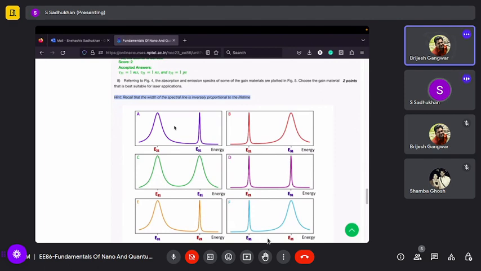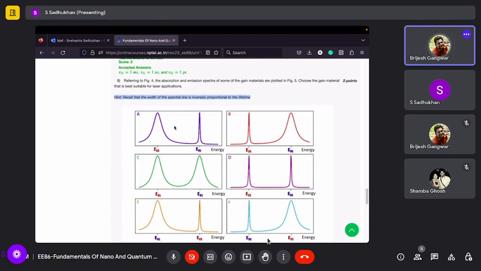From this one you can complete this, but E21 will be the lasing peak. So either figure B or, sorry, A, B, C, D, E. You can also choose E, because at E21 there is a lasing peak given in figure E also.